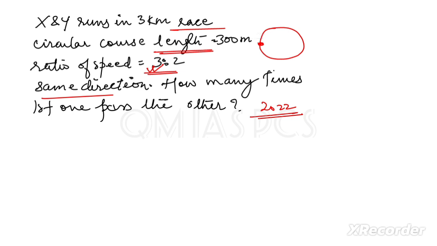Now think logically. You and your friend are running in a circular park, and you are running faster. When will you overtake that person?